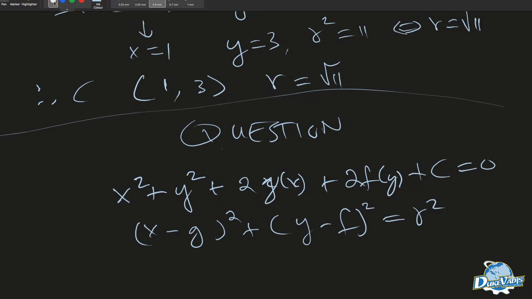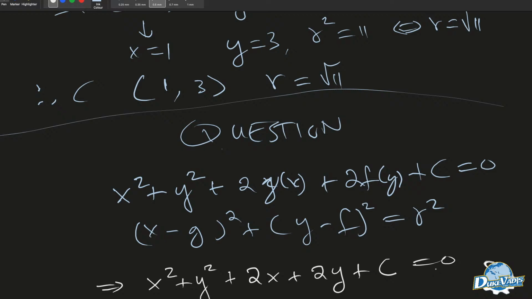So the first case scenario is, is x squared plus y squared plus 2gx plus 2fy plus c equal to 0 the same as this equation?